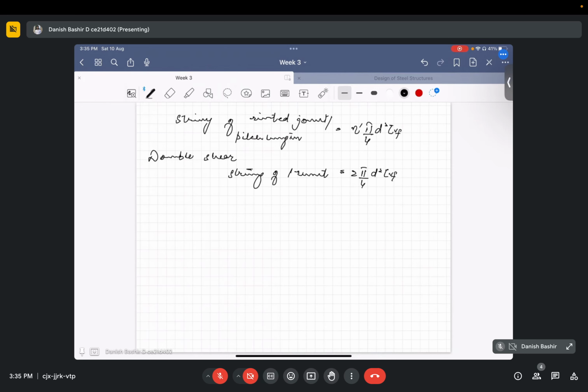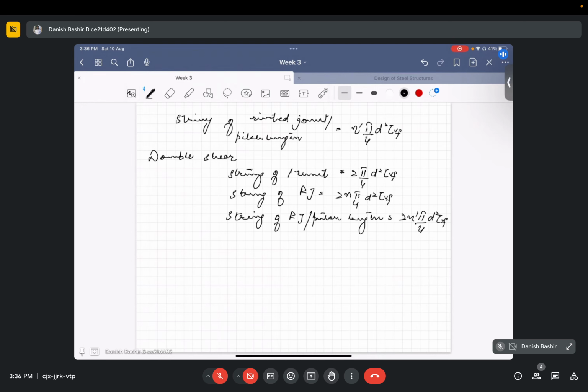The strength of the riveted joint will be 2 n pi by 4 d square tau vf. And the strength of the riveted joint per pitch length is equal to 2 n dash pi by 4 d square tau vf.